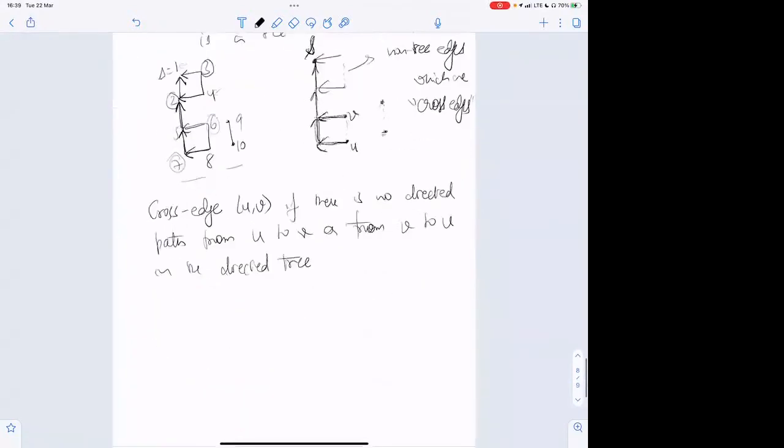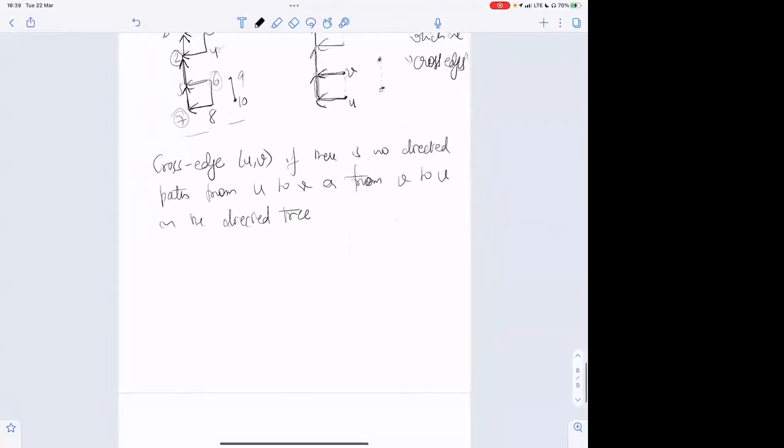You could imagine that there could have been an edge like this. Suppose this were a tree. This is not a cross edge. This is a back edge or a forward edge, whatever. Its endpoints are comparable. There is a path from here to here.